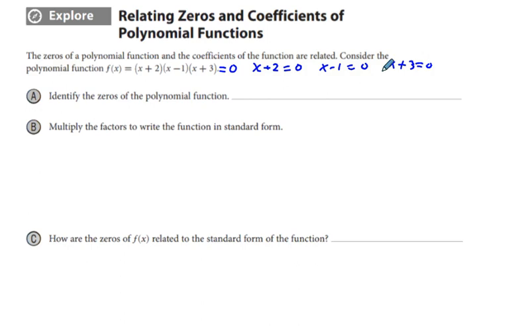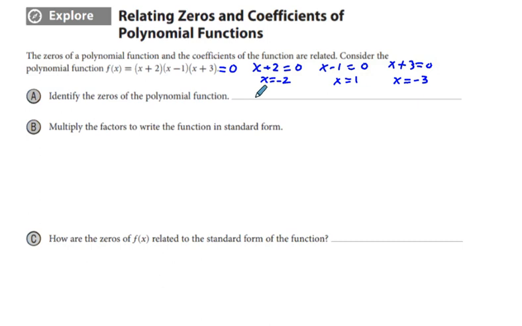And what we can do is solve each of these for x. For the first one, we subtract 2 and get x is equal to negative 2. For the next equation, adding 1 to both sides, we have x is equal to 1. And for the last one, x plus 3 equals 0, we subtract 3 and get x is equal to negative 3.